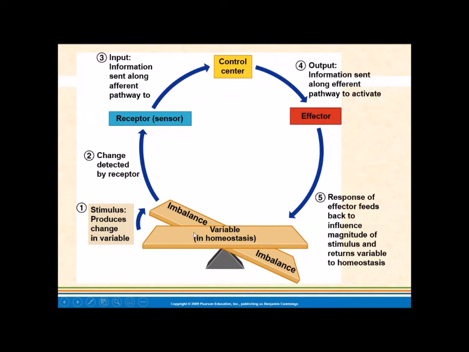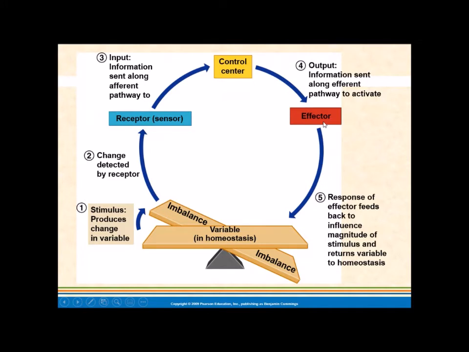If it drops down to 69, what's going to happen is that the thermostat is going to pick up that change in temperature, and then it's got a little motherboard inside of it that is going to be the control center. So we've got the receptor built in there. It sends something to the control center, which decides it's too hot or too cold, and that control center will send a signal.